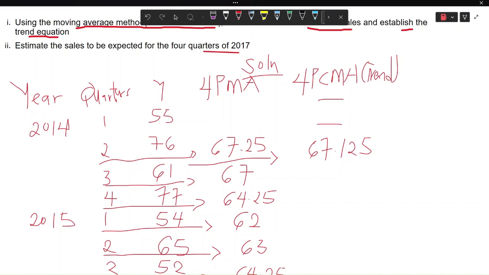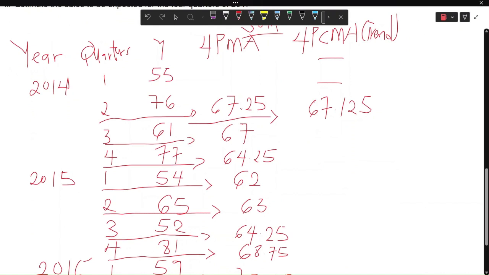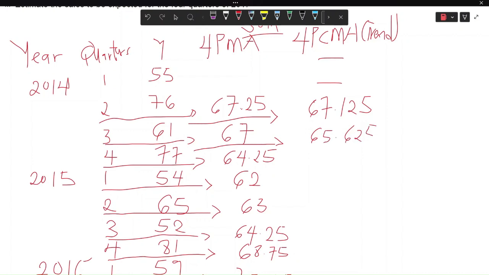Our next value is going to be between the 67 and the 64.25, which also have a period of the fourth quarter. So 67 plus 64.25 divided by 2 is 65.625.